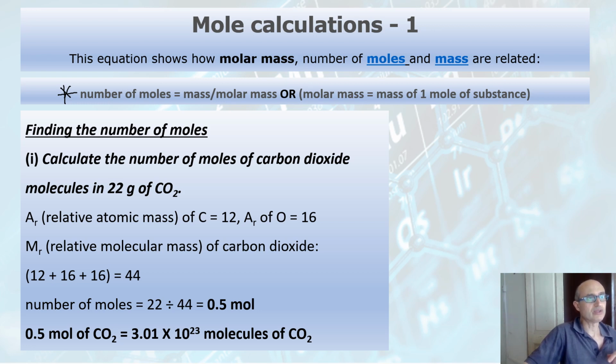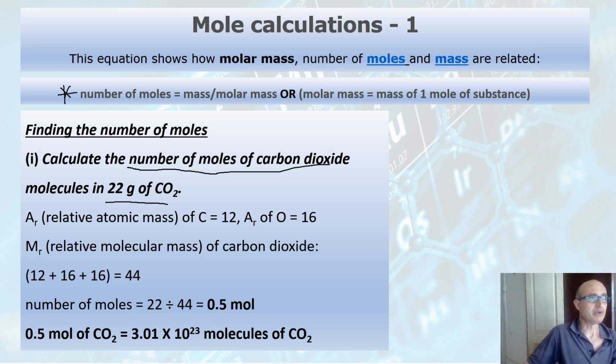So the first thing that you have to do is notice what the examiner wants. The number of moles of carbon dioxide. In other words, we have to convert the mass of carbon dioxide into moles, into the number of molecules of carbon dioxide. In other words, we're converting mass into a number, a quantitative number.